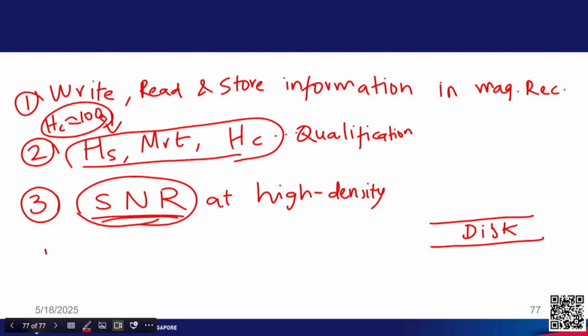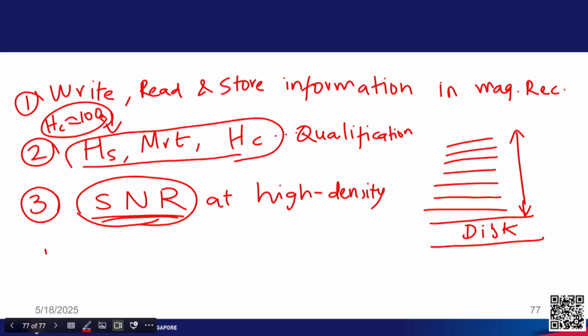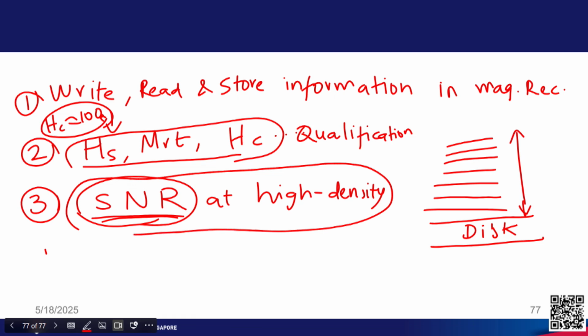In the current technology, if you count the number of layers, there are many different layers. Okay. People use so many different layers to enhance the signal to noise ratio at high density and so on. So, there are many magnetic layers, non-magnetic layers with certain function, which is not the scope of this particular course.